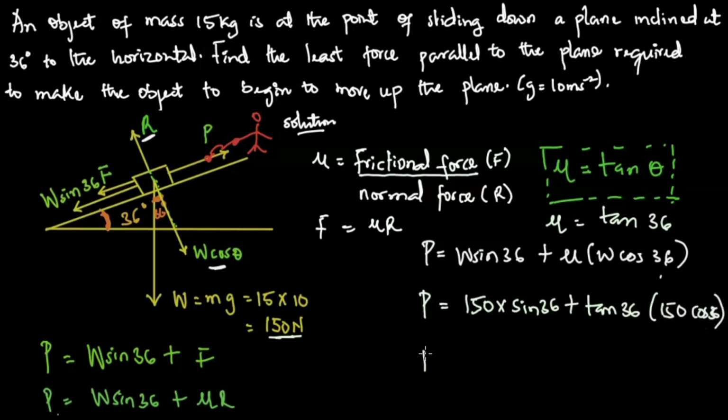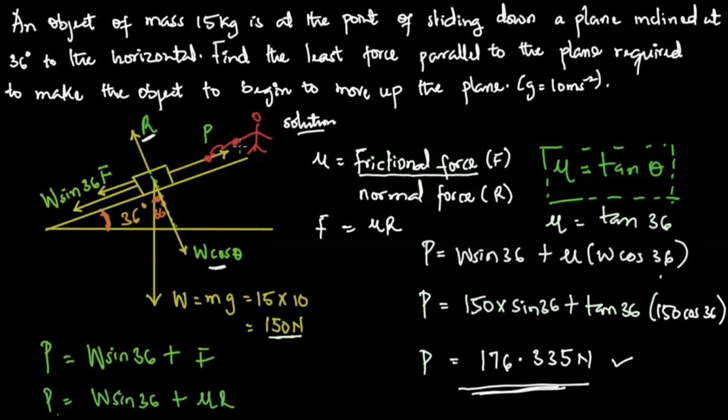So we can input this directly into our calculator, and finally we get our final answer as 176.335 Newton, and this is the least force that is required to make the object begin to move up the plane.